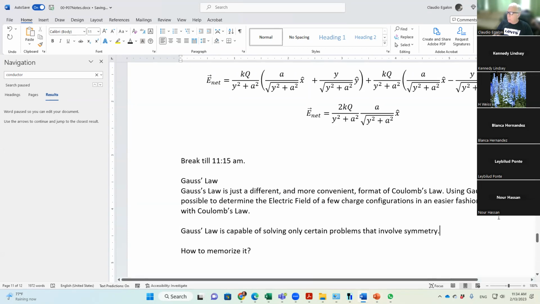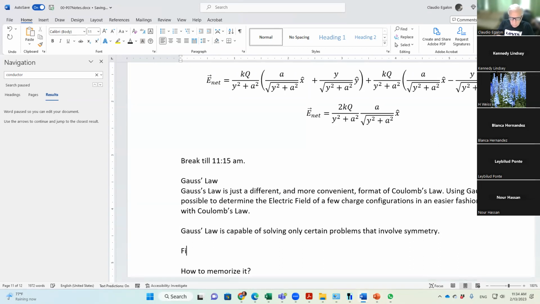And I'm gonna line up which problems are those. Okay. First one, first one and simplest of all is that of a point charge. Okay.